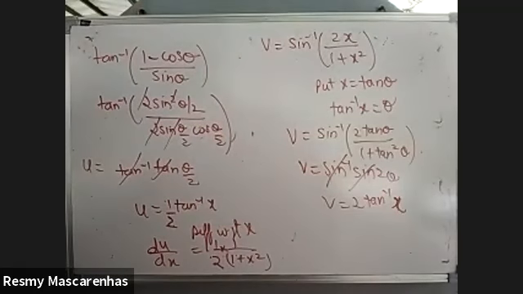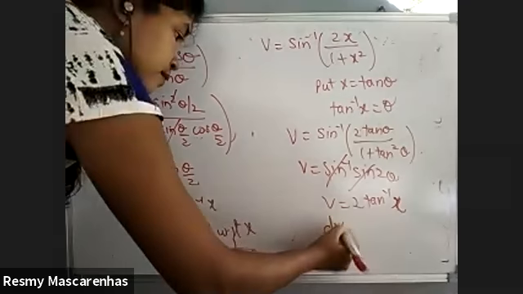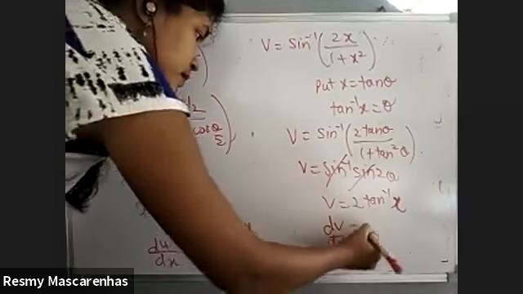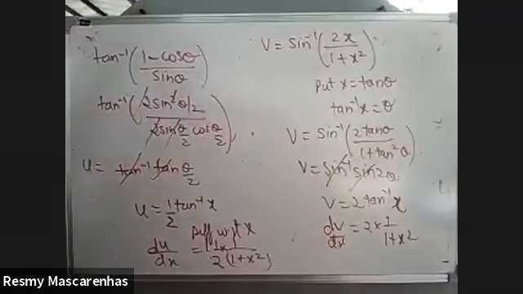Now find the derivative dv by dx. How much are you getting? 1? Again you made a mistake.